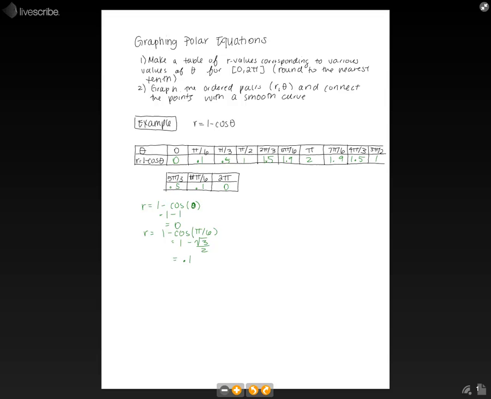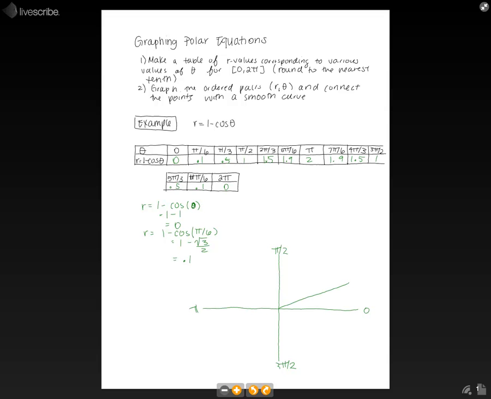Now you will graph this on a polar coordinate system. We have our four axes: this is 0, this is pi over 2, this is pi, this is 3 pi over 2. And then we've broken it down by pi over 6.